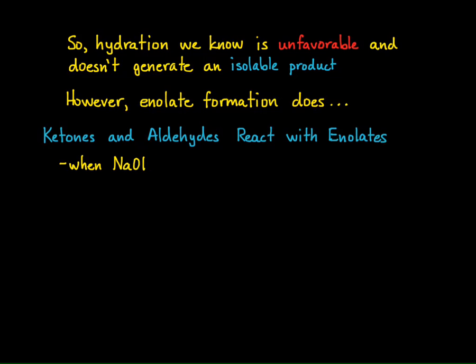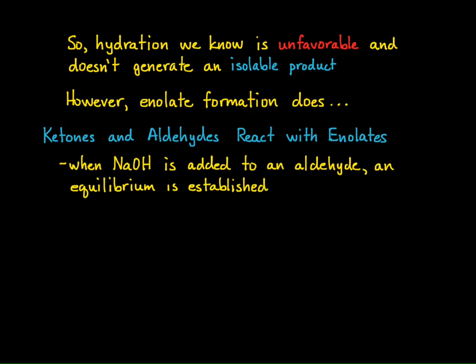Now, like we just saw, when sodium hydroxide is added to an aldehyde, an equilibrium is established between the aldehyde and the enolate. And if we understand that equilibrium process, then we can start to understand what's going on as a potential reaction.